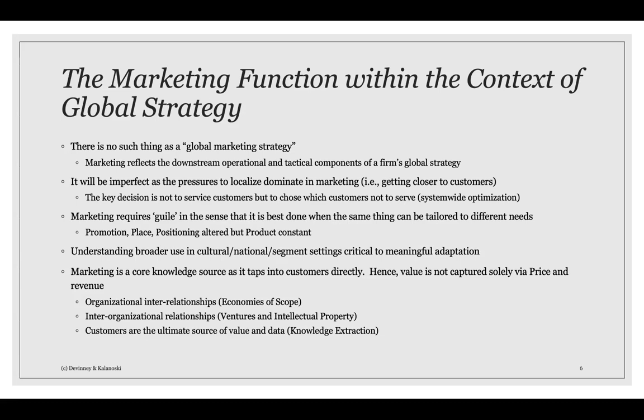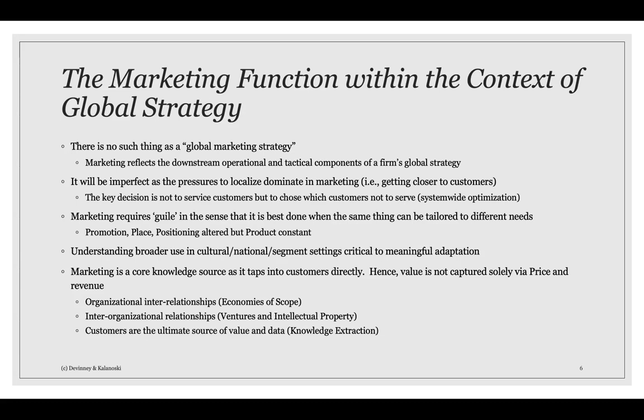And also, marketing has a core informational component, in the sense that it taps into customers, in the sense that customers provide you with information about themselves. This has become more critical in digital marketing, but it allows you to do a lot more in terms of the customers being the ultimate source of value and data, so you can extract knowledge from them.